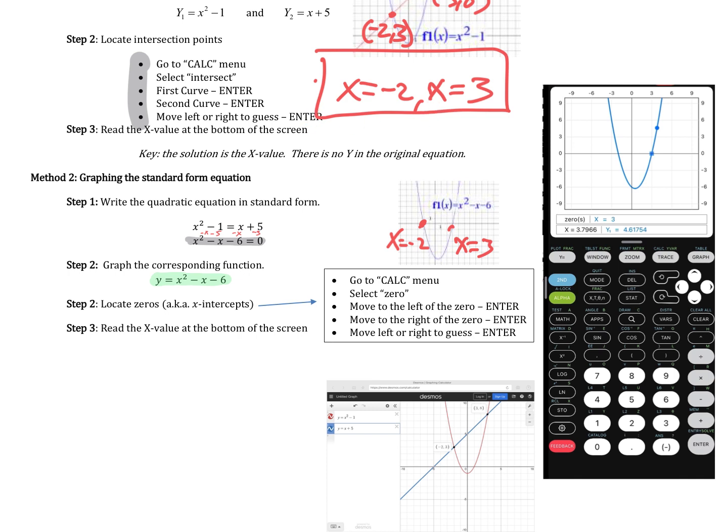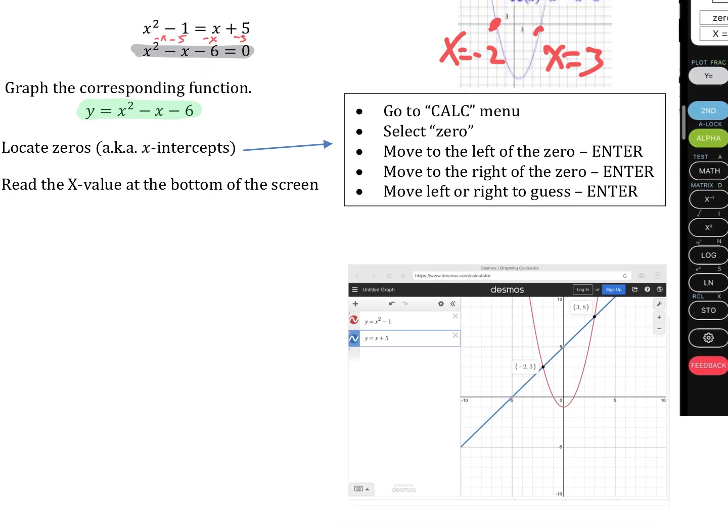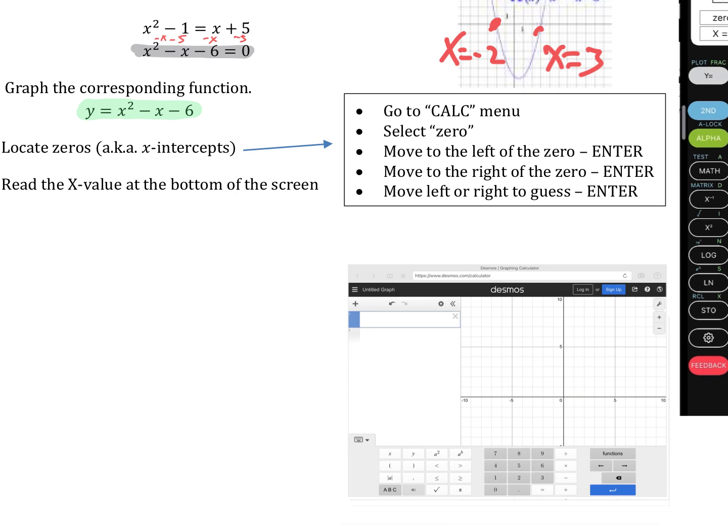Again, we could go to Desmos, and we can enter this equation right here. Let's do that real quickly. So now on Desmos, we're going to change our equation, and we're going to enter y equals x squared minus x minus 6.